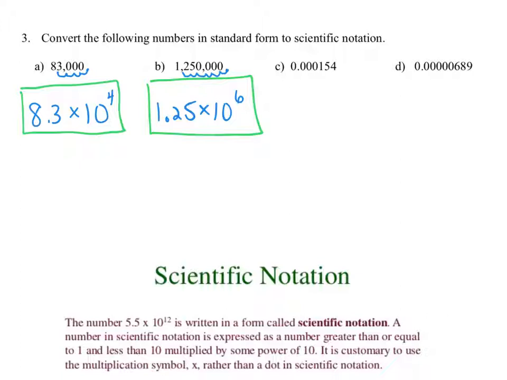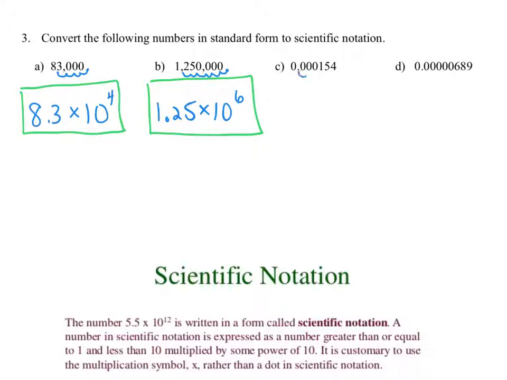We can also write very small numbers in scientific notation by moving the decimal place to the right until we get to a number that is greater than or equal to 1 and less than 10. So let's move this decimal place for 0.000154.